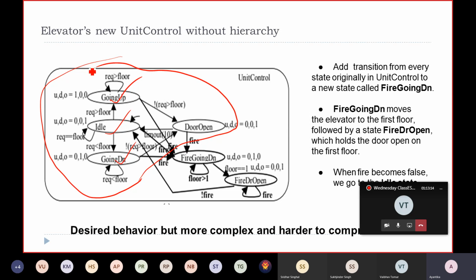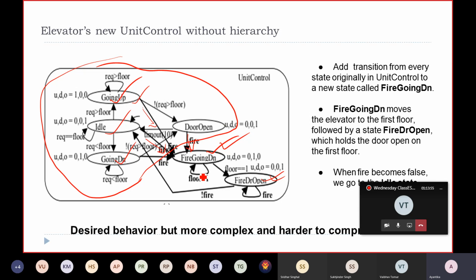What I have to do is, from every state, from this door open state, from this going up state, I have to consider this fire input and go to some other states based on the new behavior. For that we are defining two states: fire going down, where your elevator, in whichever state it was, maybe on the 6th floor, will go down to the ground floor, and the door will open. So these are the two states.